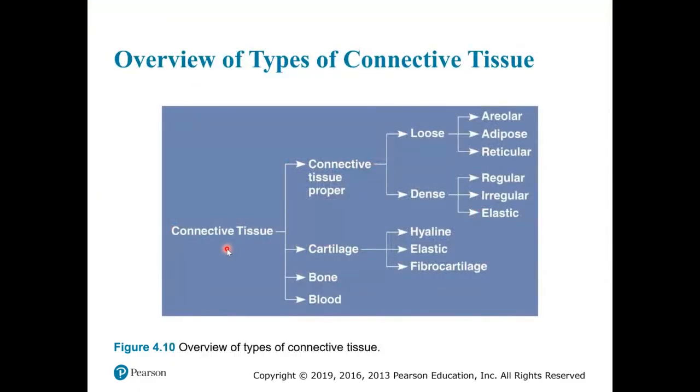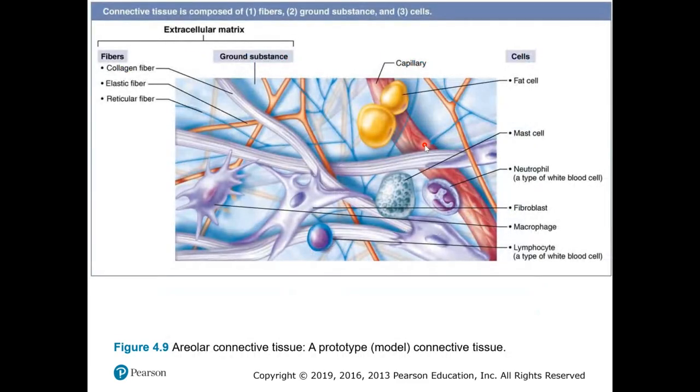So here's a diagram that will help give us some structure. Connective tissue proper comes in two flavors, loose or dense, and that depends on how many fibers are in the background. Loose connective tissue, like the diagram right here, doesn't have a lot of fibers. It's not completely fibrous, and there is some background material.